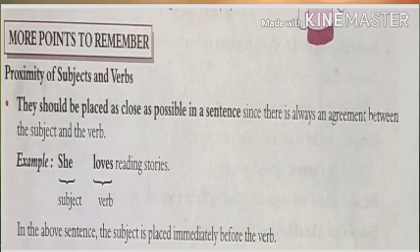They should be placed as close as possible in a sentence. It means in a sentence after the subject is the place of the verb. As you can see in the example, she loves reading stories.